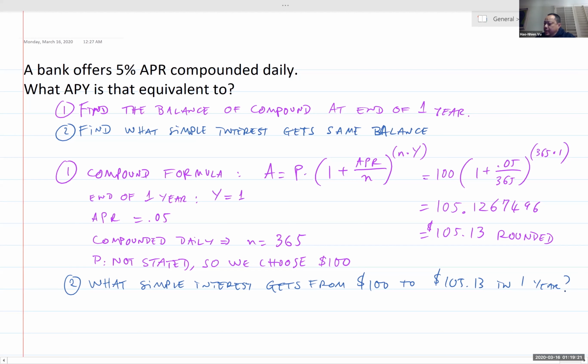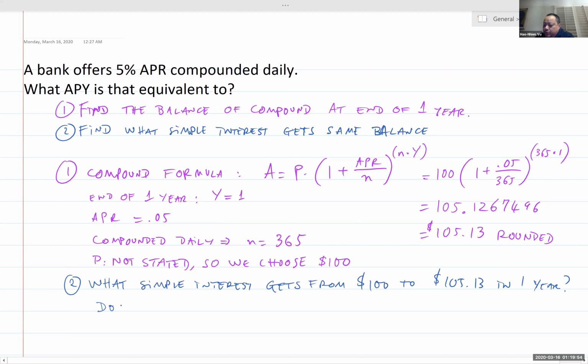And at this stage, you could plug it in the simple interest formula, right? But you realize, hey, you really don't have to. This is what percent actually means, right? To go from 100 to 105.13, it takes 5.13%. Yeah, you saw that? So that's why the choice of 100 was really awesome, because it solves this problem very quickly.